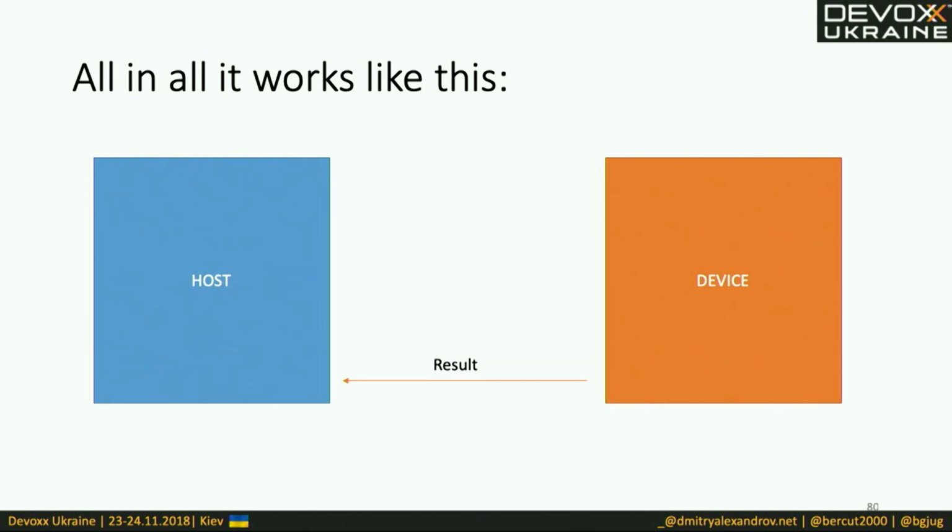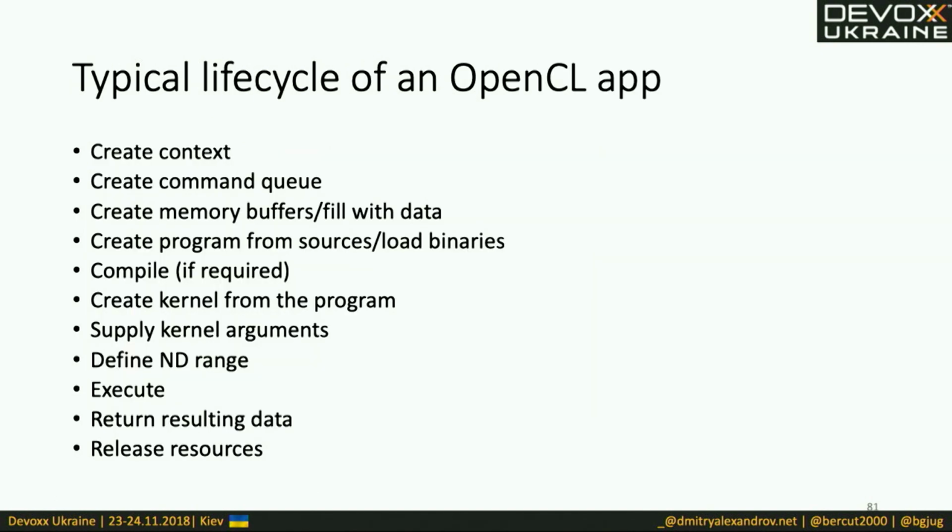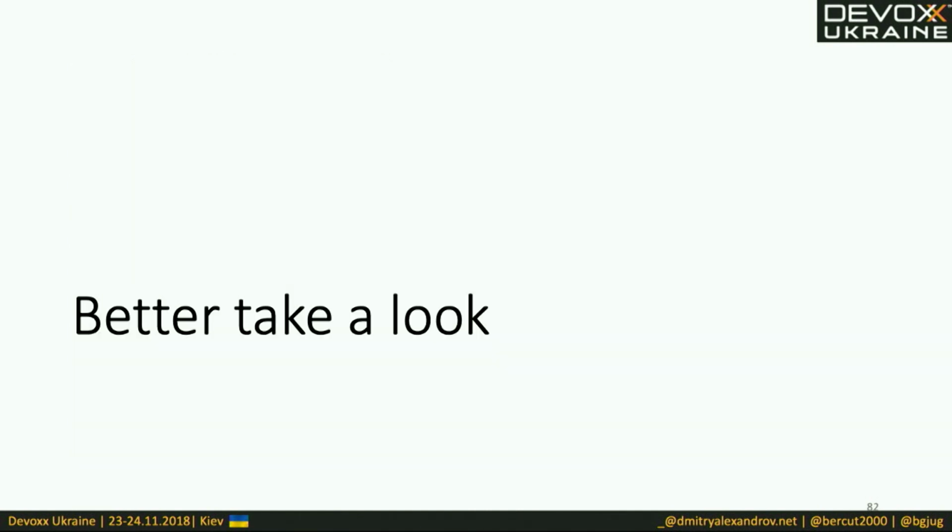So to run an OpenCL program, you have to make all of the steps behind me: create contexts, command queues, memory buffers, compile your program which should run on the GPU, chunk your data with an NDRange, and somewhere in the end say, okay, please execute, and finally get the results.